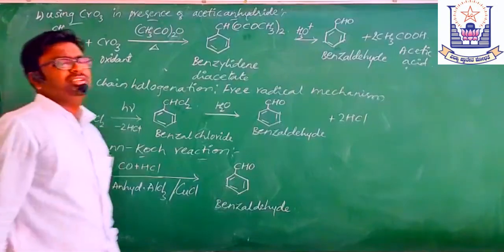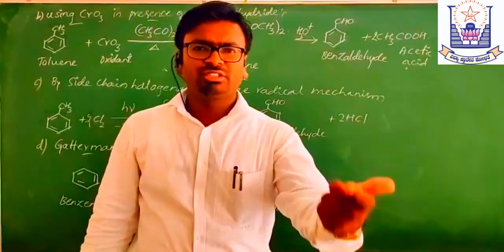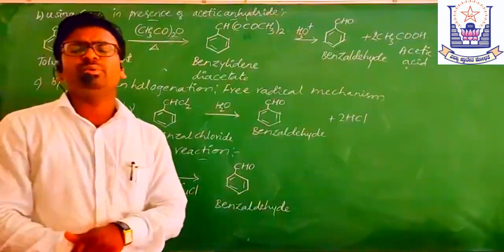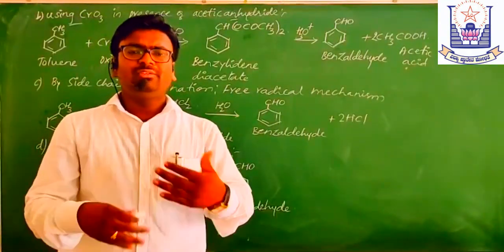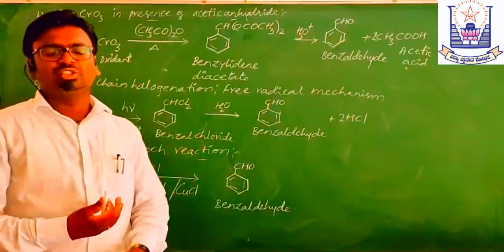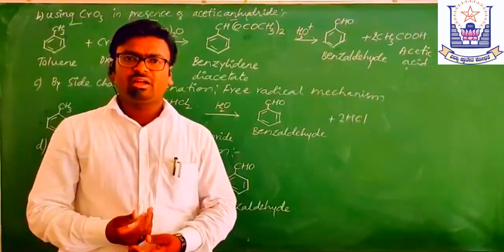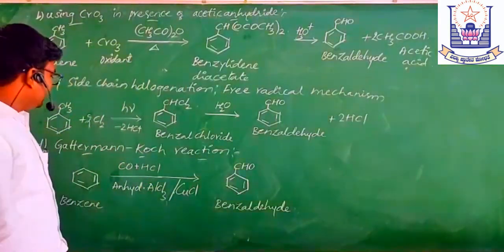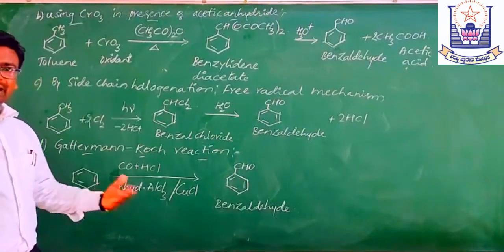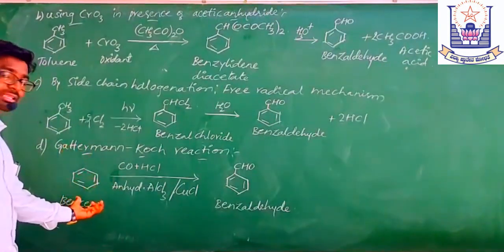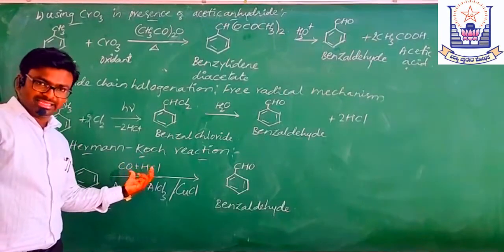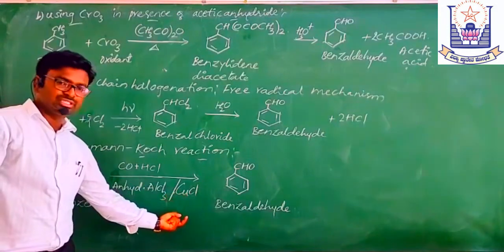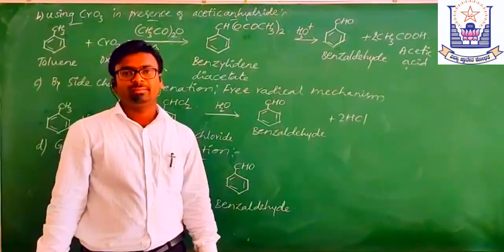See, in the annual examinations, the aldehyde reactions, Rosenmund reduction, Stephen reduction, and Gattermann-Koch reaction are all very important. If anyone asks you to explain the Gattermann-Koch reaction, you have to first write this reaction equation and later explain like this: when benzene is treated with carbon monoxide and HCl in the presence of anhydrous AlCl3 or CuCl, it gives benzaldehyde.